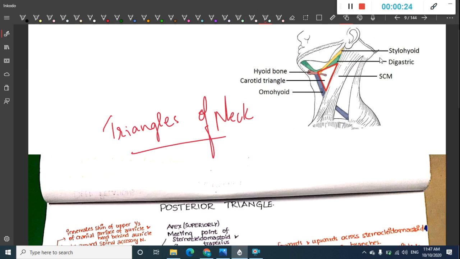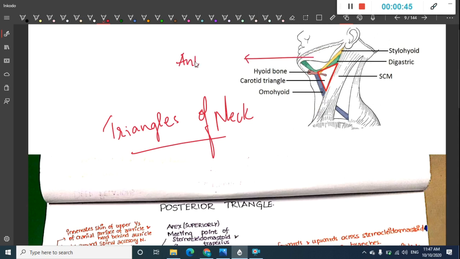In this neck we have divided the neck into two triangles basically. This is the first triangle, which is in front of the sternocleidomastoid, bounded on each side by the sternocleidomastoid anteriorly. That triangle is called the anterior triangle.